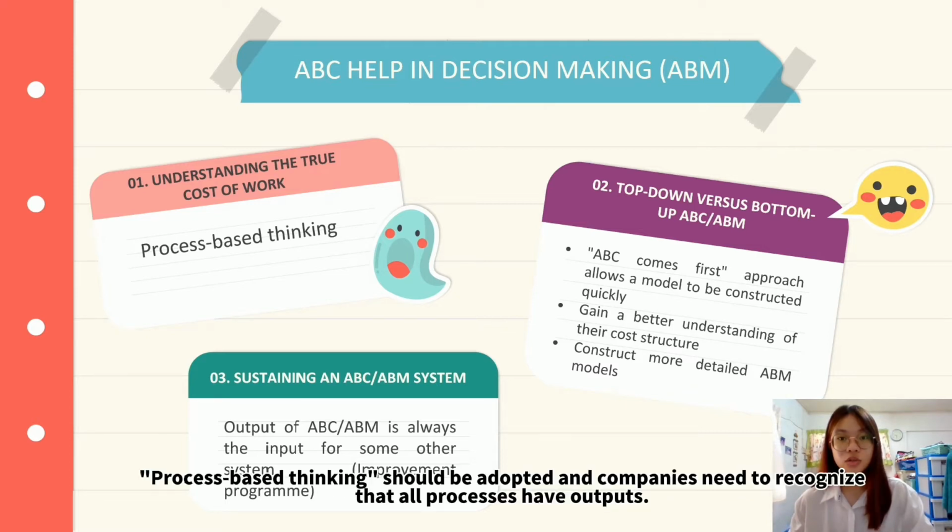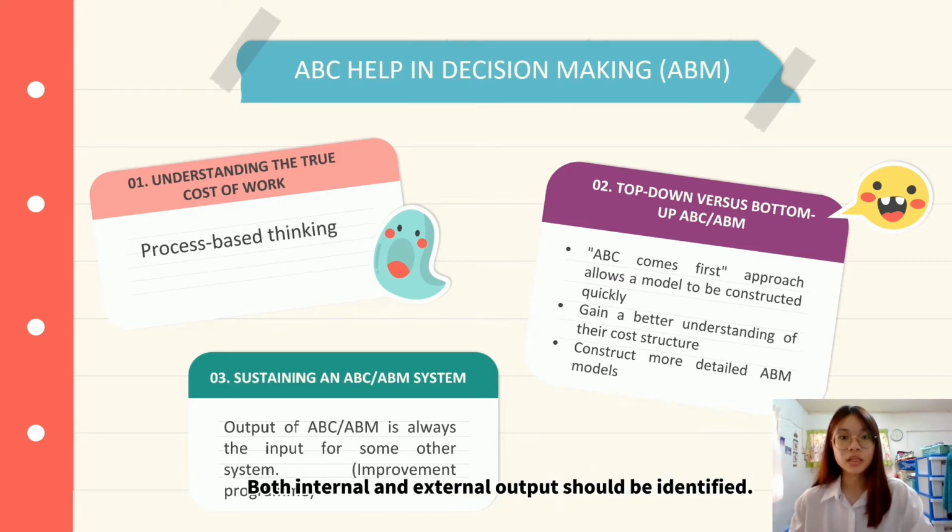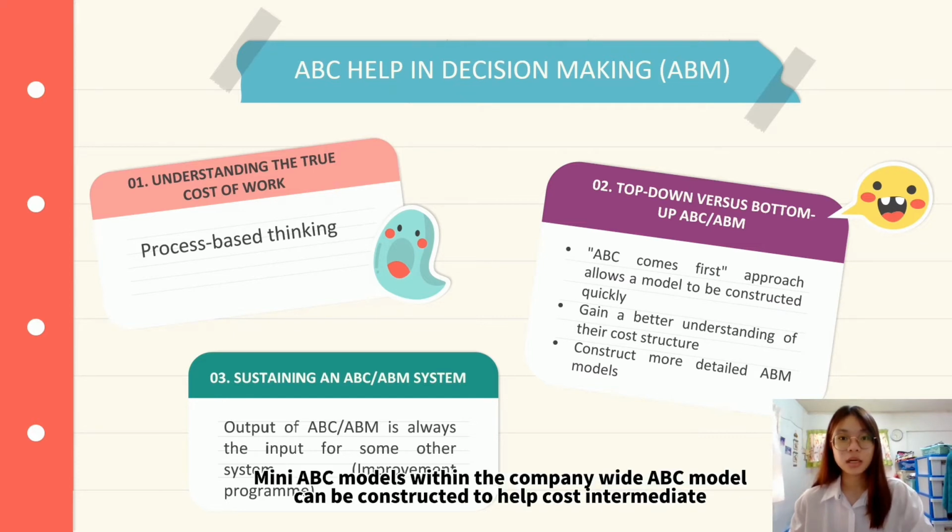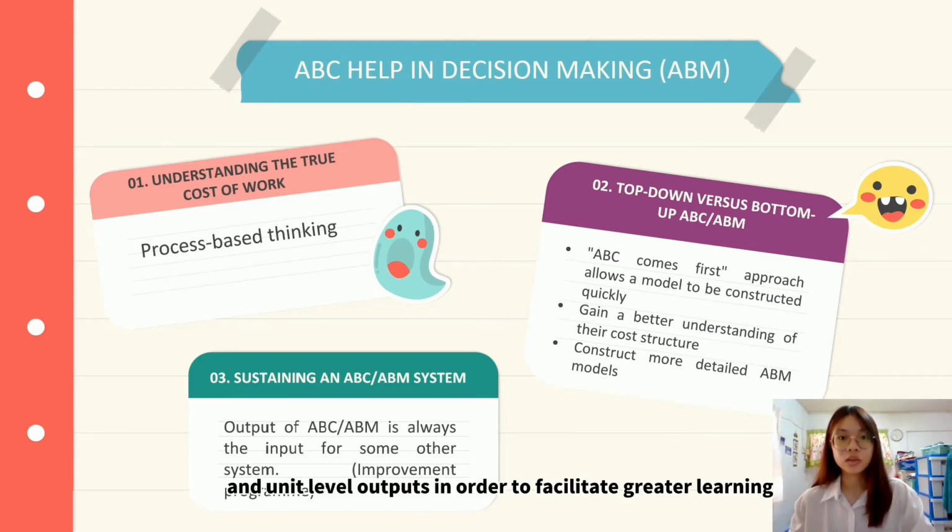Process-based thinking should be adopted, and companies need to recognize that all processes have outputs. Both internal and external output should be identified. Many ABC models within the company-wide ABC model can be constructed to help cost intermediate and unit-level outputs in order to facilitate greater learning and discovery about the organization's cost structure.